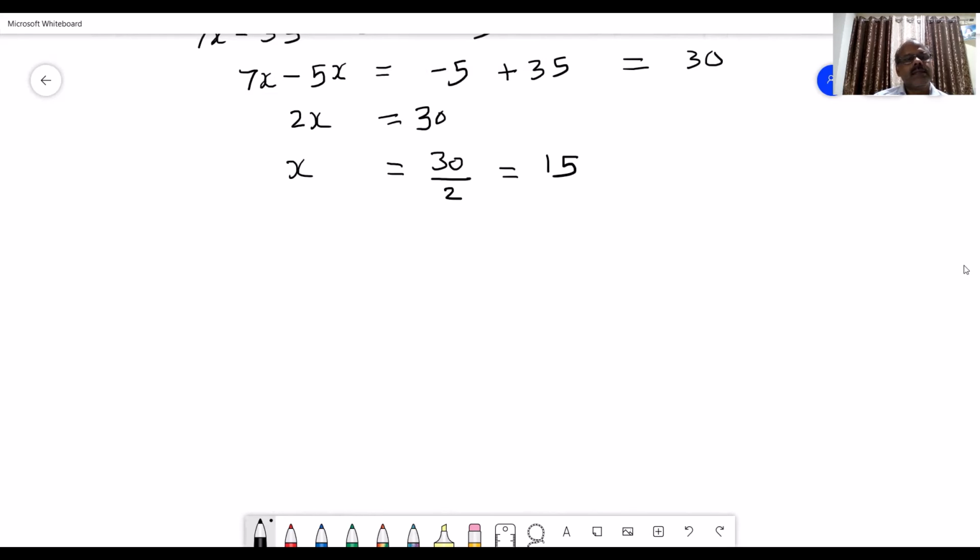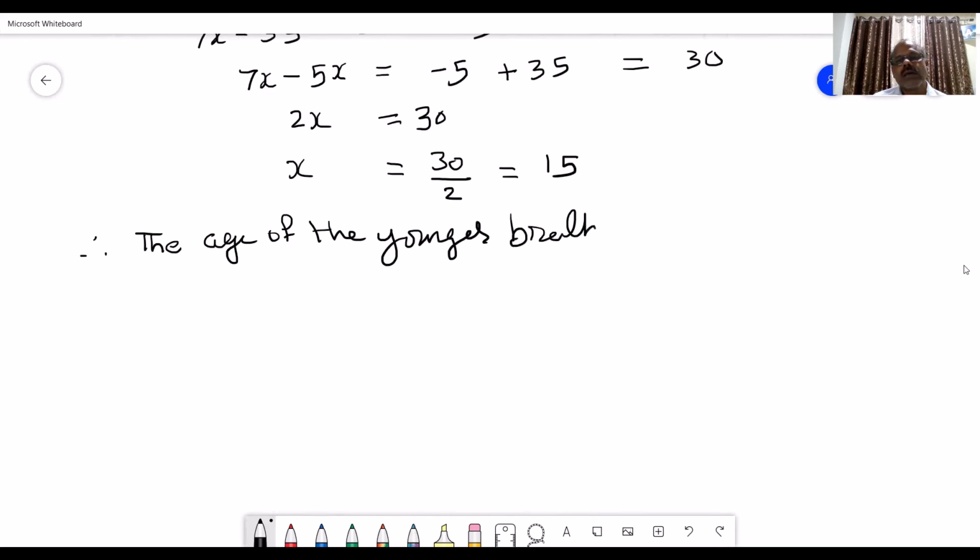Therefore, the age of the younger brother is equal to X, which is 15 years.